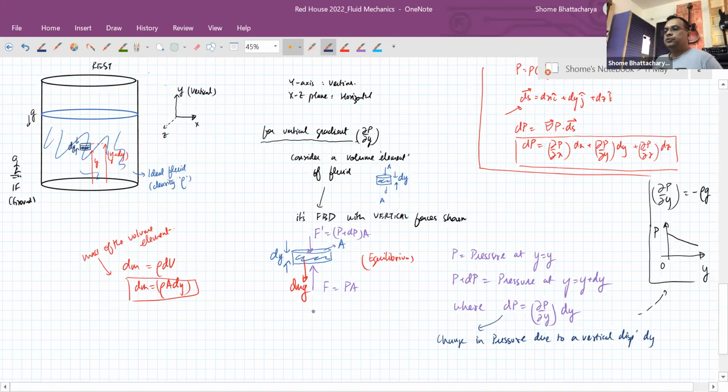Okay, so balancing the forces here, from this FBD analysis, you can see that F has to balance F prime plus this weight.